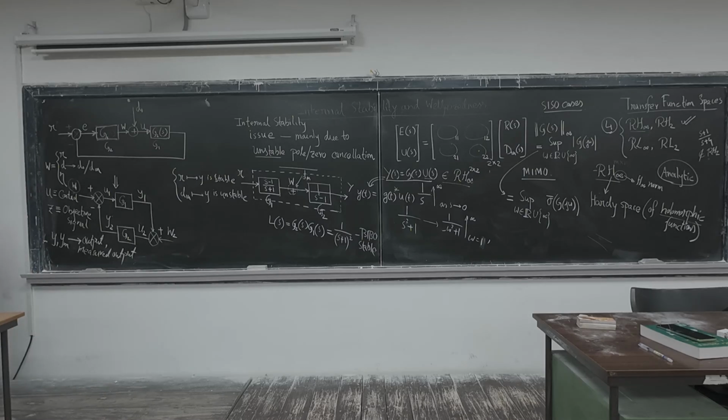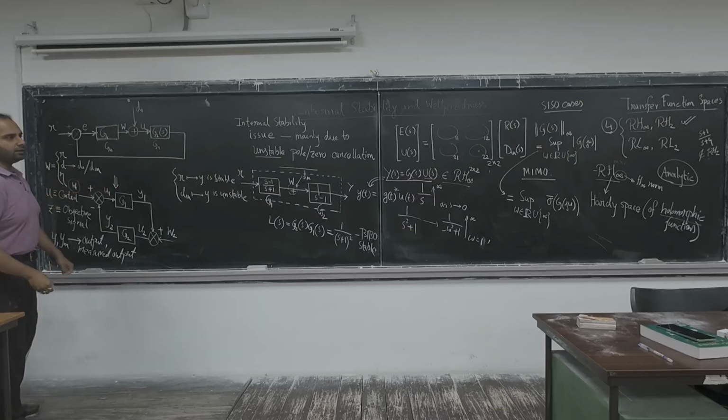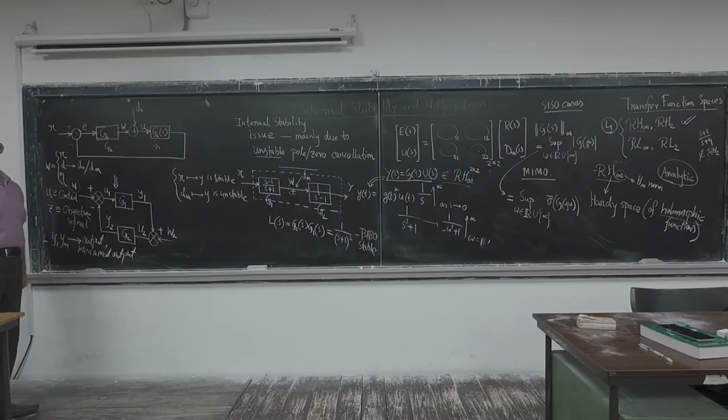In my message last week I mentioned that you see the first 7-8 pages from chapter 5 of Zhou's book for internal stability and well-posedness. Whatever I am teaching, you can find in short in that book. Specifically, that book has used W for all the exogenous signals. That is the reason I am using W.